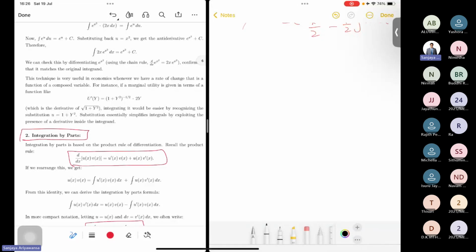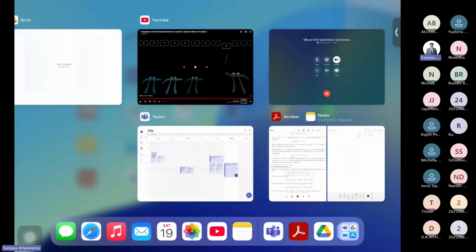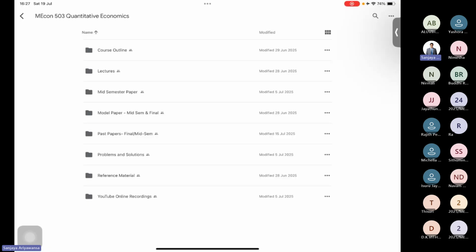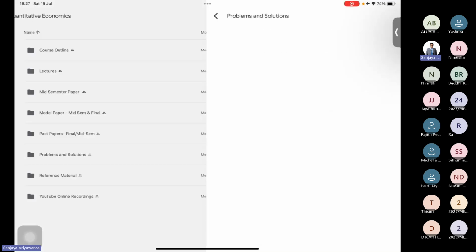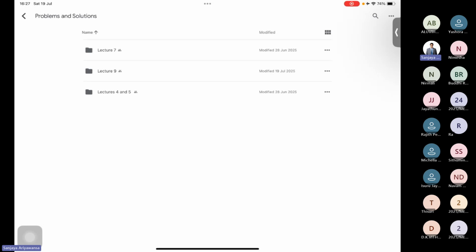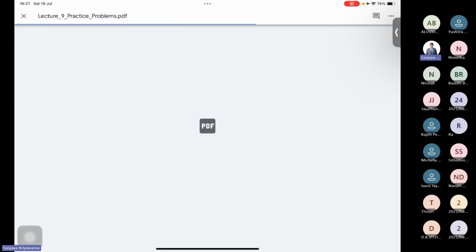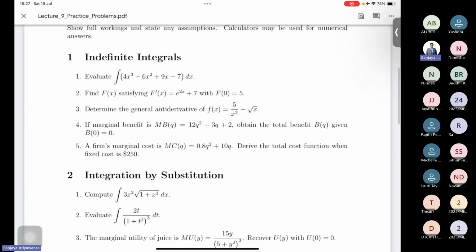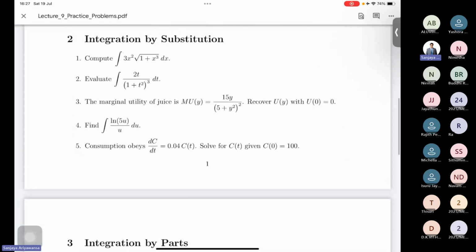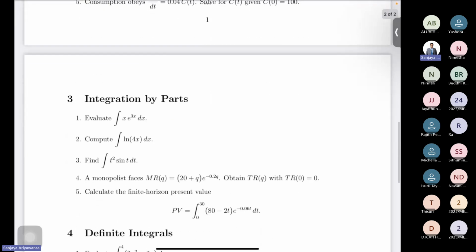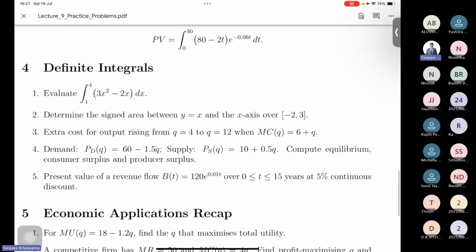And for all of this, I have given problem sets in your Google Drive folder. If you go to problems and solutions, earlier I couldn't share the screen. I was showing this before at the onset of the lecture. Lecture 9, practice problems. I think I should have given a lot of problems here: integration by substitution, integration by parts, some examples.